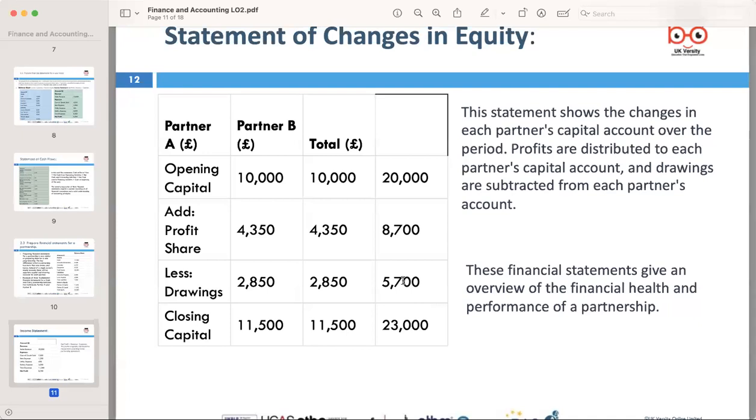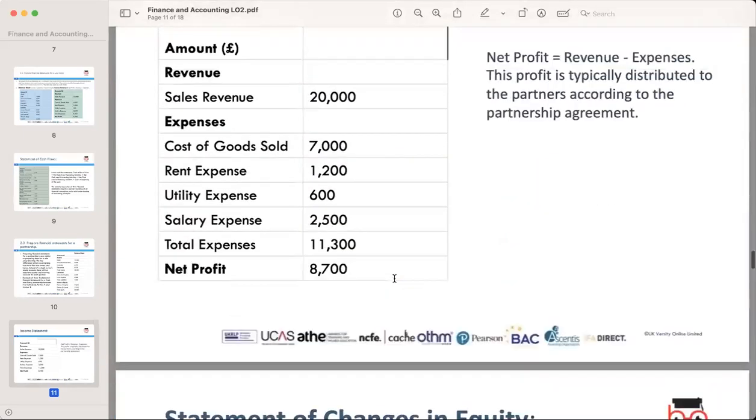Here we represent the profit allocated in the last year.